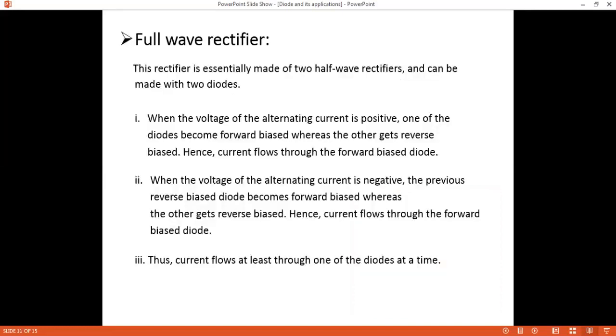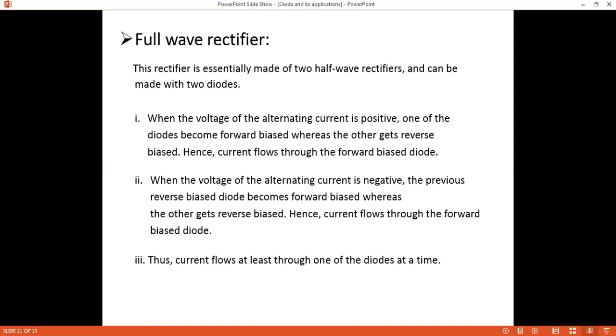Next one, full-wave rectifier. This rectifier is essentially made of two half-wave rectifiers and can be made with two diodes. In a full-wave rectifier, we have two diodes, but in a half-wave rectifier, we have only one diode. When the voltage of the alternating current is positive, one of the diodes becomes forward biased, whereas the other gets reverse biased.